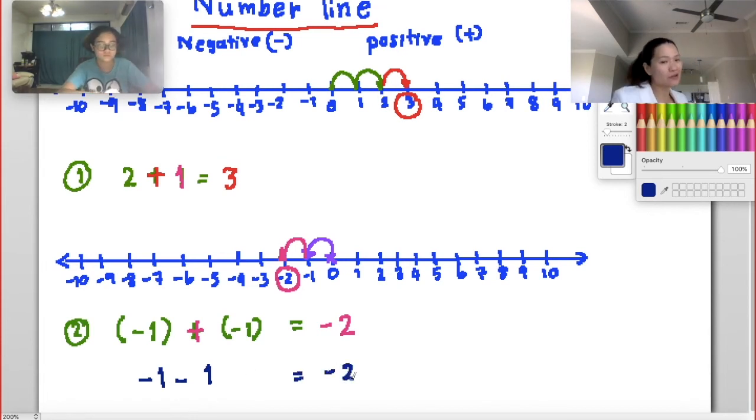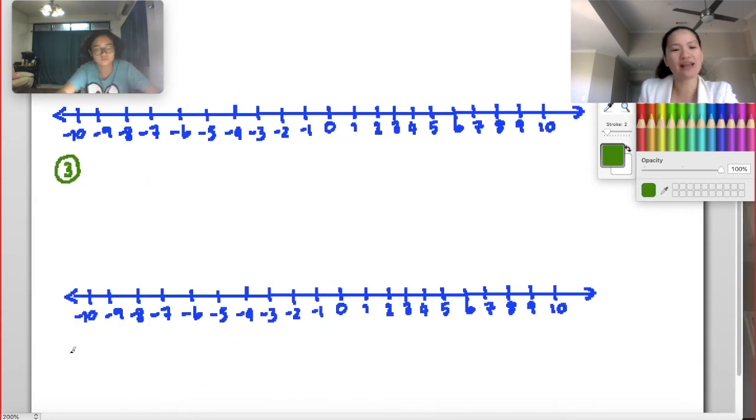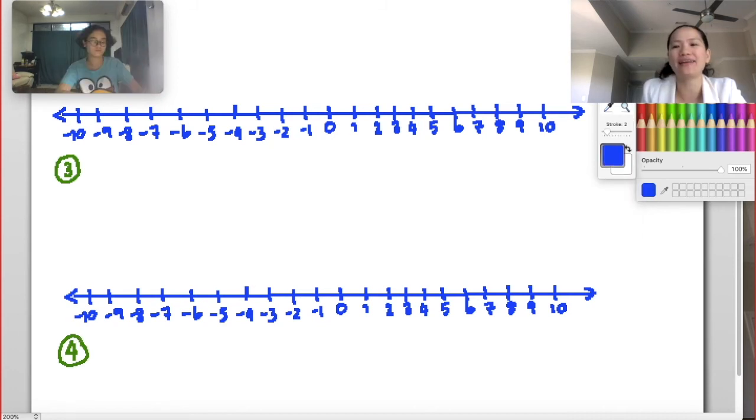Is that okay for you, Layla? Are you good? Number 3 and number 4. I'll show you something interesting. I'll say 7 minus 4 and another one, 3 minus 5.